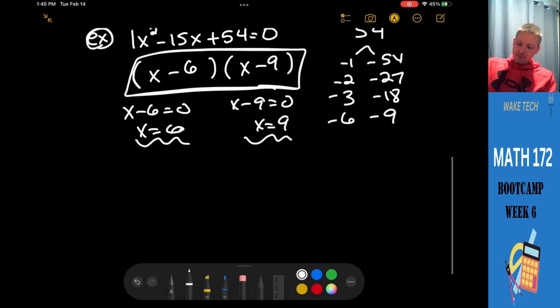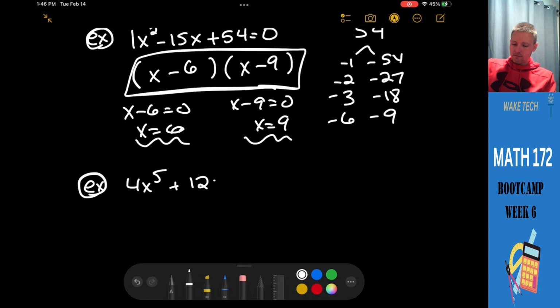Okay. So we're going to take a step back, actually. Let's say we need to factor something like this: 4x to the 5th plus 12x minus 8.